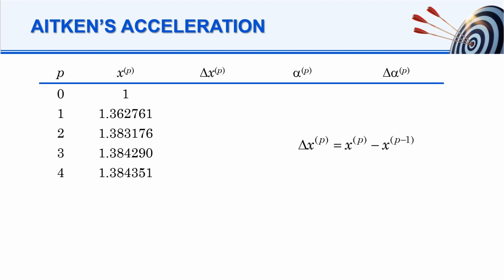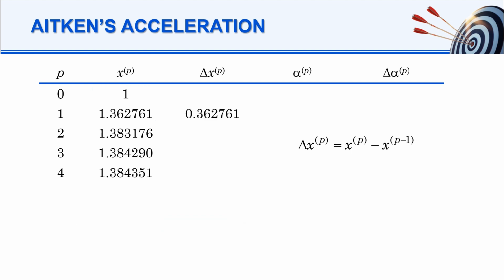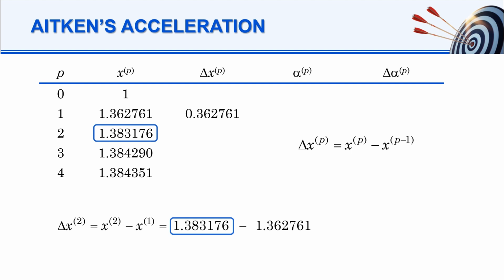Now, we calculate the differences between the two consecutive iterates. The difference between x1 and x0 is found as 0.362761. The difference between x2 and x1 is obtained as 0.020415.